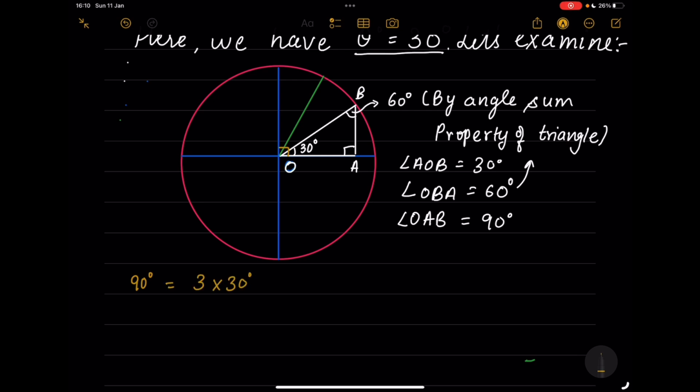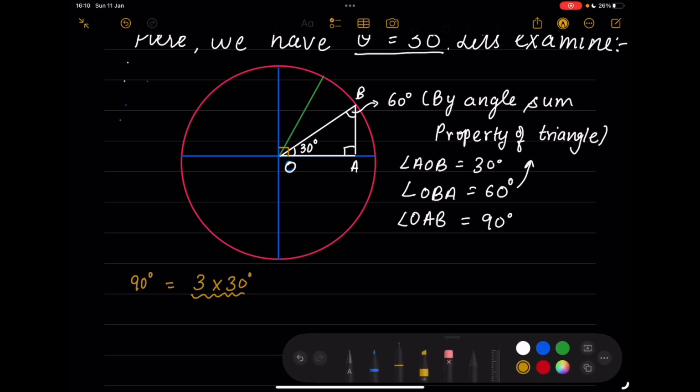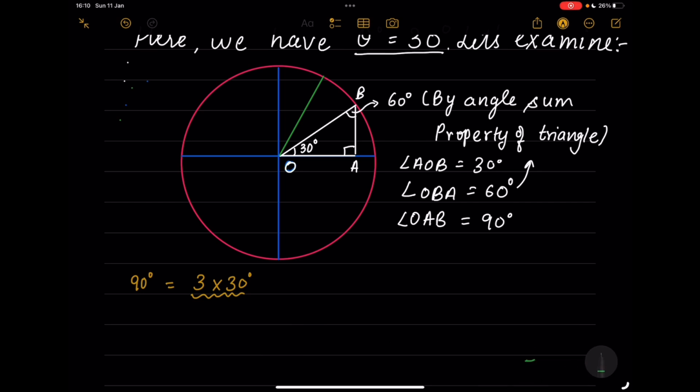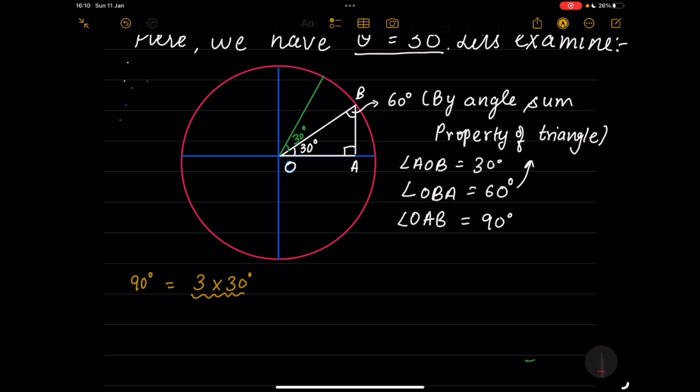That means it can be subdivided into 3 30-degree angles. So that's what we are going to do here. It means that this angle then will be 30 degree, and then this angle will also be 30 degree.